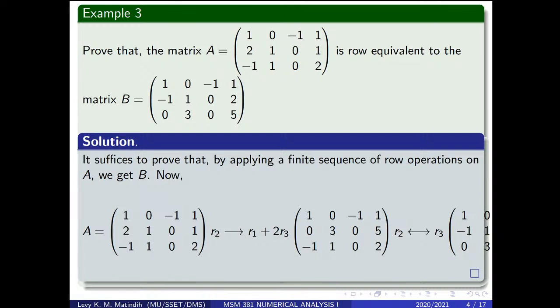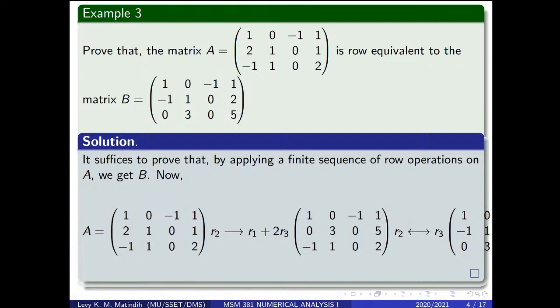From here, we check: our resulting matrix, this 0, 3, 0, 5, is in the third row, and this negative 1, 1, 0, 2 is in the second row in B. The only thing we need to do now, as we are in the middle of this operation, is interchange row 2 and row 3. When we interchange row 2 and row 3, what you are going to get is the matrix B.